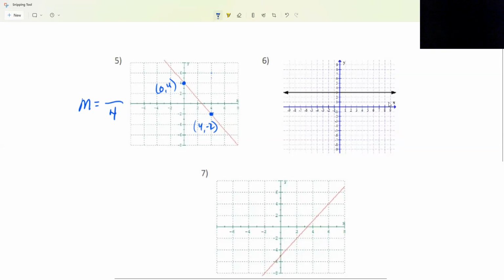And then how many do I need to go down? I need to go 2, 4, 6 down. Now, the only other thing you need to do is reduce this fraction down to 3 halves. And you're done. This is a horizontal line, so you don't even really have to think about it. You just got to remember the slope is 0 for that.